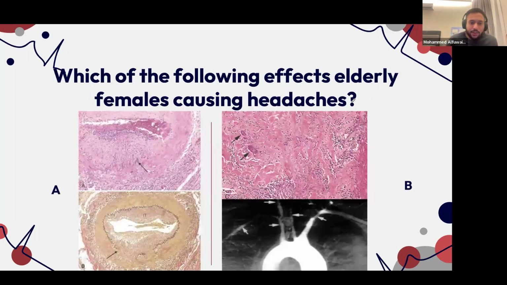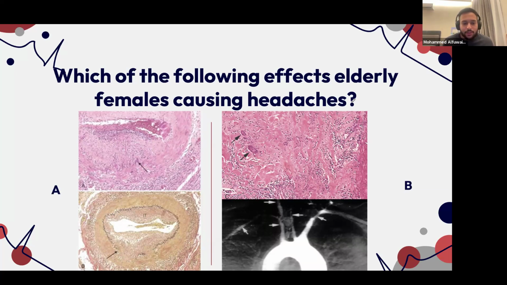Now we'll go into vasculitis. So which of the following basically affects elderly patients, causing headaches? A or B? A. What is A? Giant cell arteritis. Excellent.